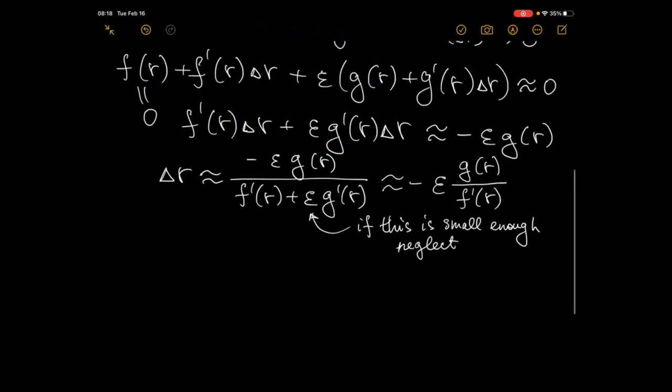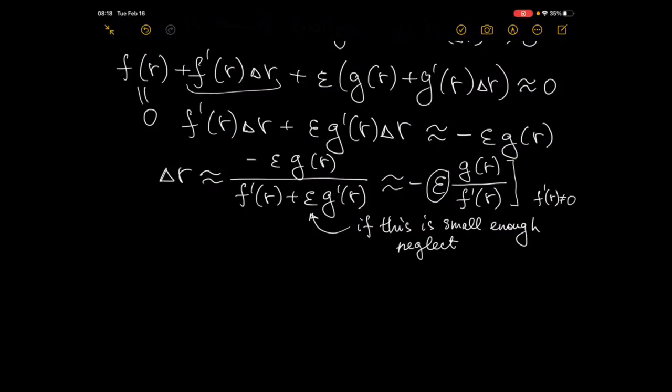So what you can see, this is a small number, and everything depends on this fraction, on this ratio. So we require here that f prime of R is not equal to 0. Otherwise, we couldn't stop our expansion here with the first term. Okay, so this is the so-called sensitivity formula for roots.